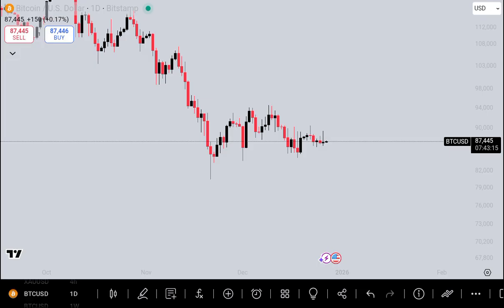Even without a strategy, you can just enter the market and be more profitable than anyone who doesn't understand directional bias. Directional bias tells you that you should not be buying in a selling market and you should not be selling in a buying market.